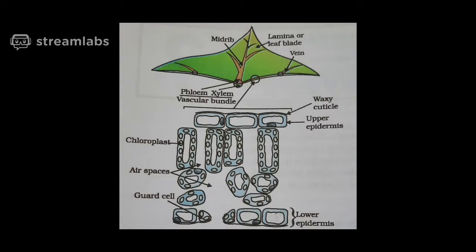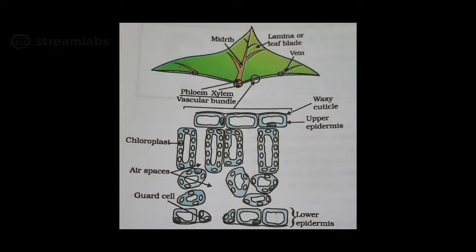When you take the section, you can find the upper epidermis and lower epidermis. In the upper epidermis, as you see, there is no breakage. When you see the lower epidermis, there is breakage.